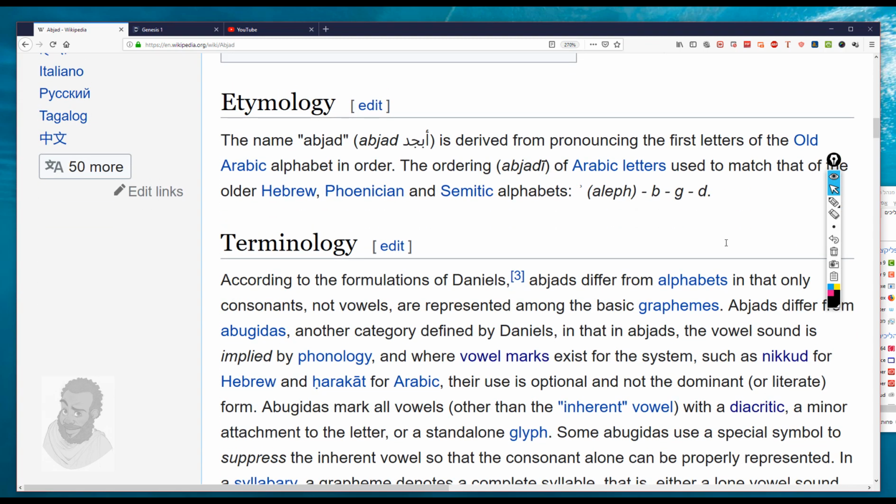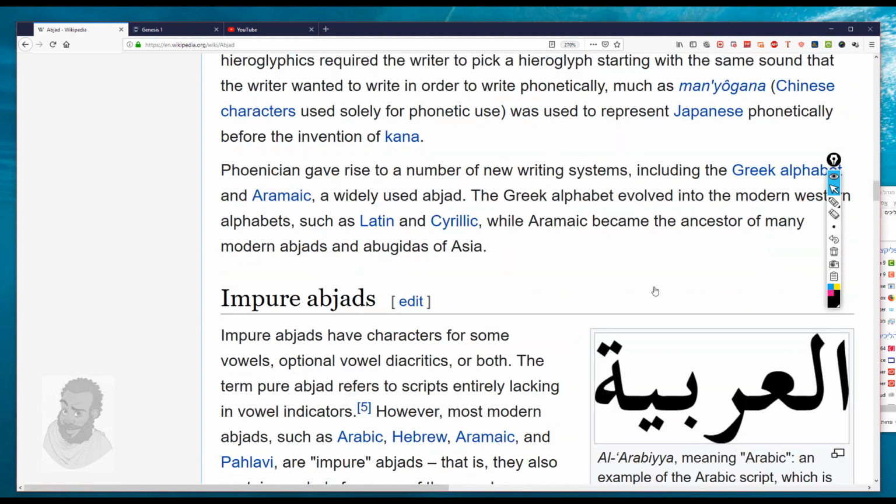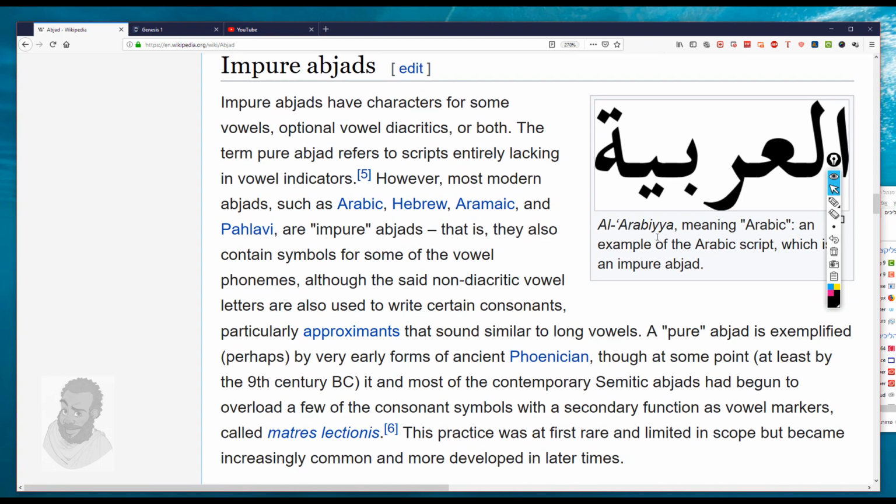Or you can say this represents what it is in Arabic. Those Arabic and Hebrew are much alike, but then they're a lot different as well. I'm gonna skip terminology and origins, you guys can read that on your own. This is from Wikipedia.